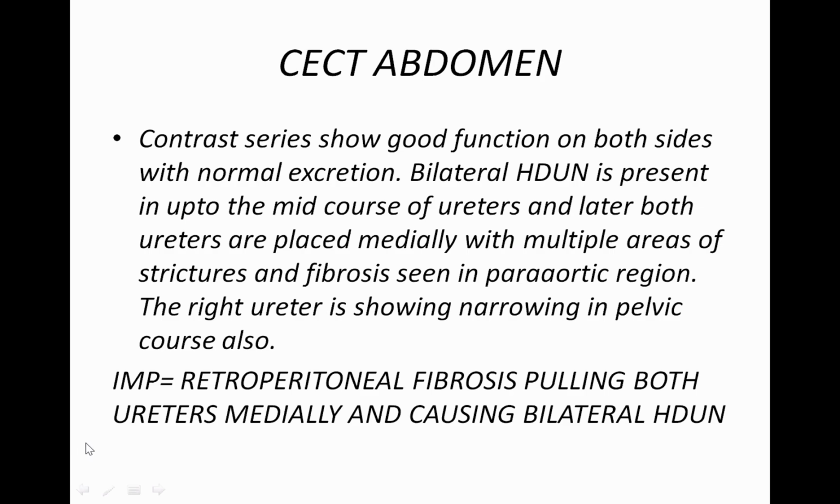According to the report, the extensive disease goes down into the pelvis too, which is not apparent at all in the images that have been shown. So we'll have to take the CT report as gospel truth at the moment.